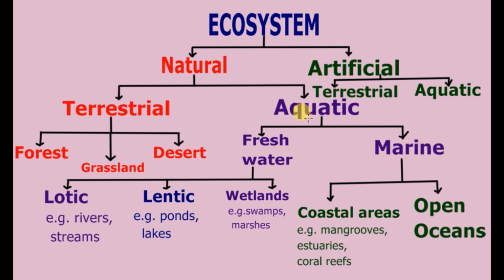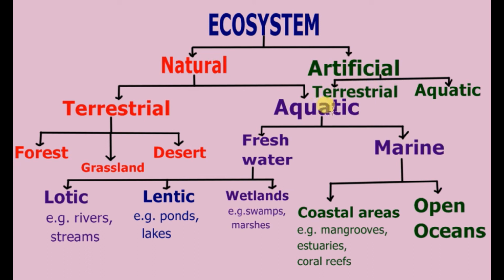Similarly, the aquatic ecosystem may be of two types, freshwater and marine. Marine means seawater, and freshwater may again be of different kinds, like flowing water, stagnant water or wetlands. You need not learn all these things in detail because these have been given only for a broader understanding. Now we come to the second kind of ecosystem, that is artificial, which is man-made, synthetic.